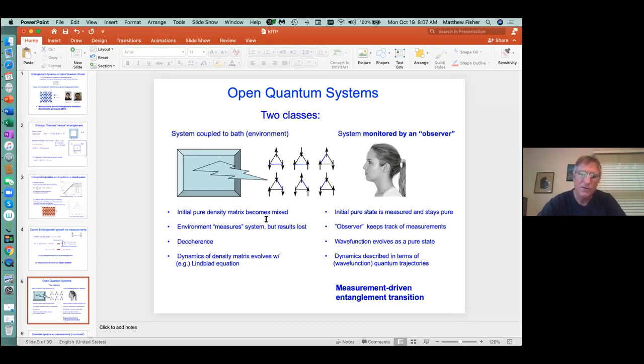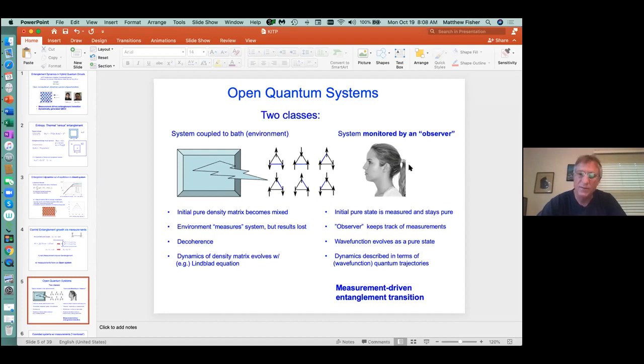And for a Markovian bath, at least, the mixed state density matrix evolves with the Lindblad equation. Okay, what I want to be focusing on is a second class of open quantum systems, which one might call monitored systems, which are indeed monitored by a, quote, observer. So here one again starts in, let's say, an initial pure state, and that state evolves unitarily and then is measured and stays as a pure state.